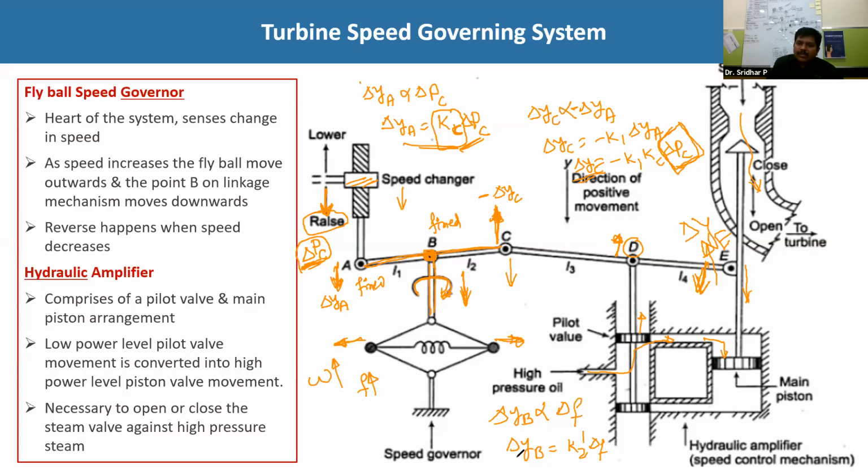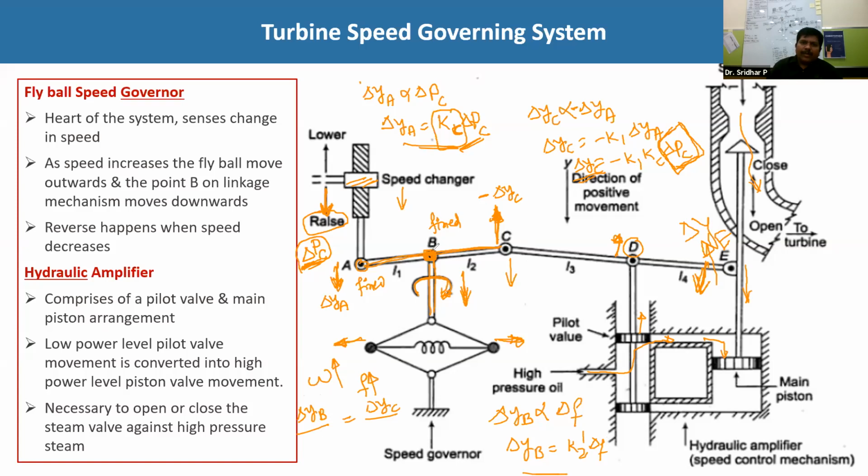And now with the help of these two simple equations, let me explain the thing here. Delta YB. Now here, what about the fixed point? This is the fixed point. Delta YB and delta YC: how can you establish the relations between them? Please recollect from the torque expressions.